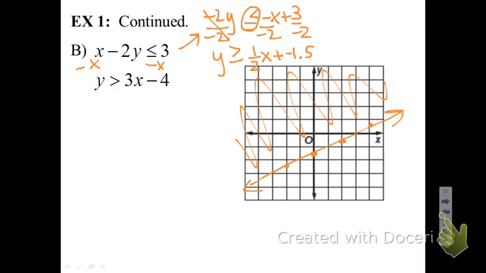To graph our second line, y is already solved for, so we can easily pick out the slope and the y-intercept. So the y-intercept says we go down 4, and then apply that slope up 3 over 1, up 3 over 1. We have a dashed line because there is no equal.